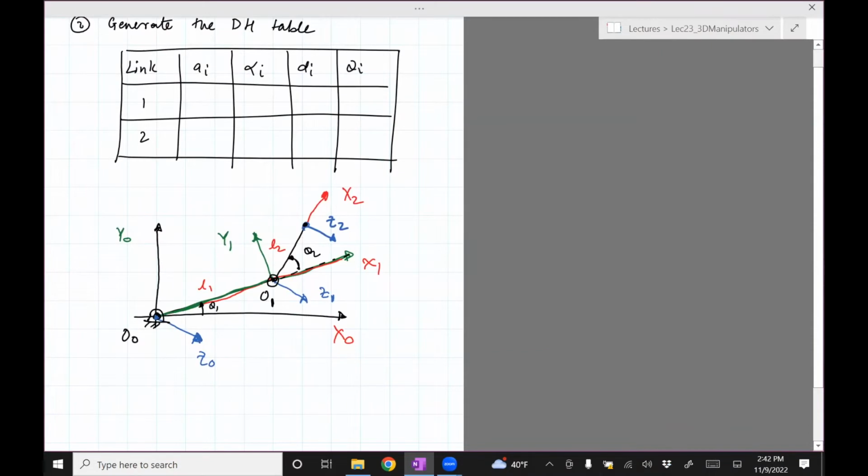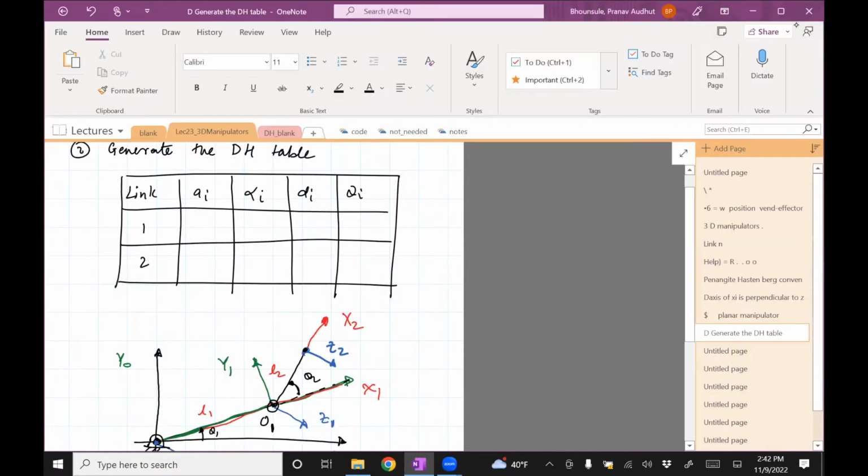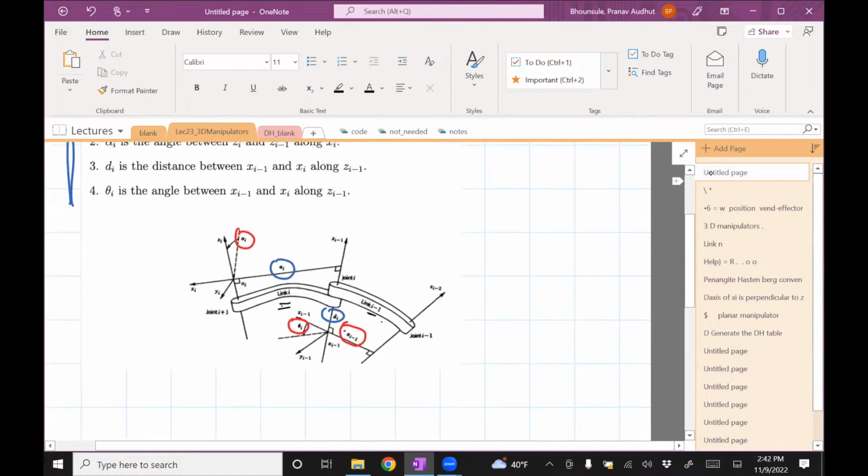Okay, now let's go to step 2. So what I feel is you can do it in one of two ways. There may be more ways. You basically need to use this figure to figure out the relation to generate that table. It basically depends on how zi and zi minus 1 are related to zi and how xi is related to xi minus 1.